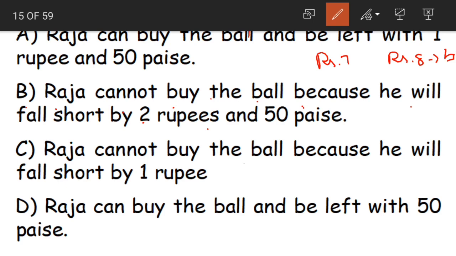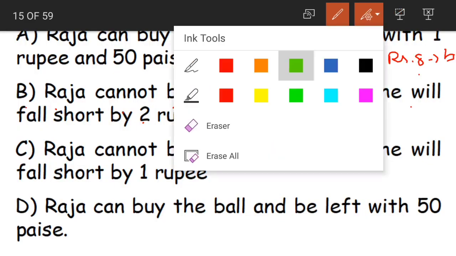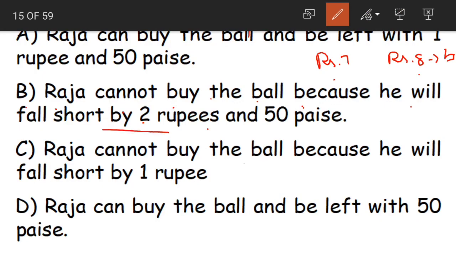Now, is this true children? If you look at the difference between the amounts, the ball is 8 rupees but he has only 7 rupees. When we subtract, he is falling short of only 1 rupee. But here they are saying that he will fall short by 2 rupee and 50 paise. So again B is wrong.